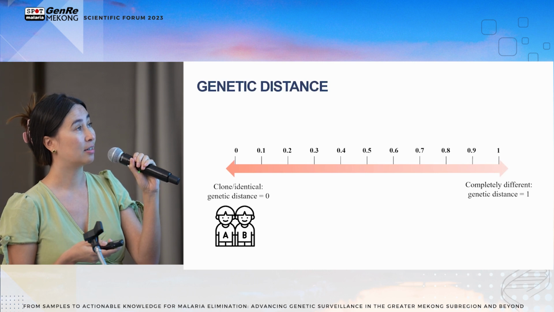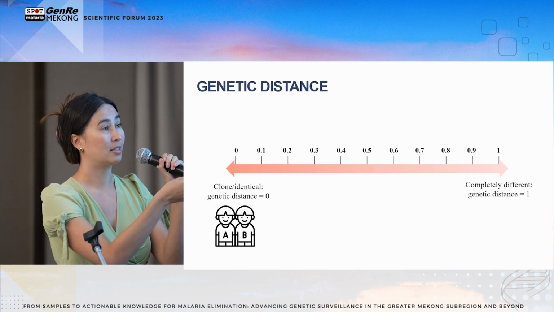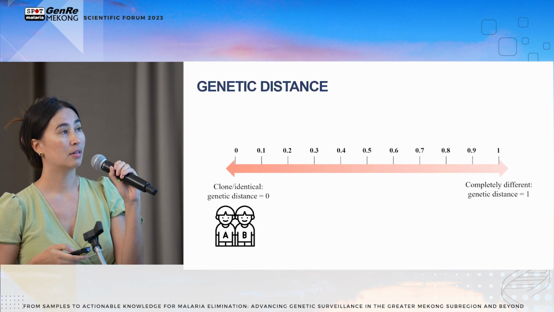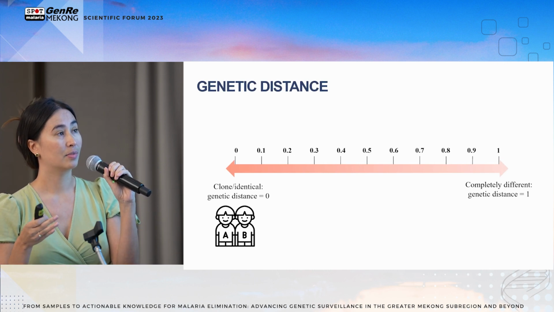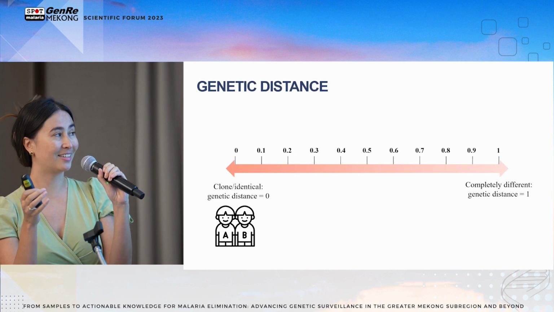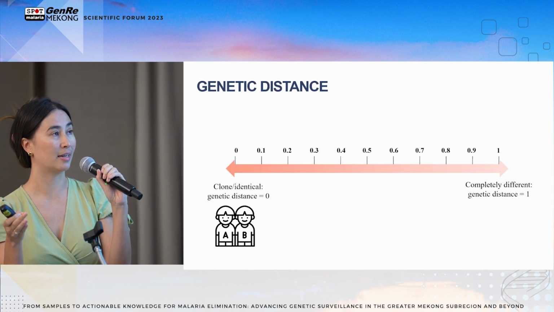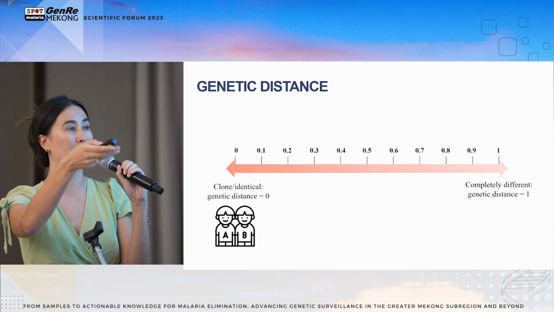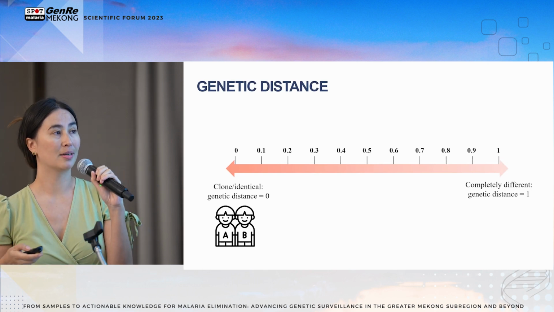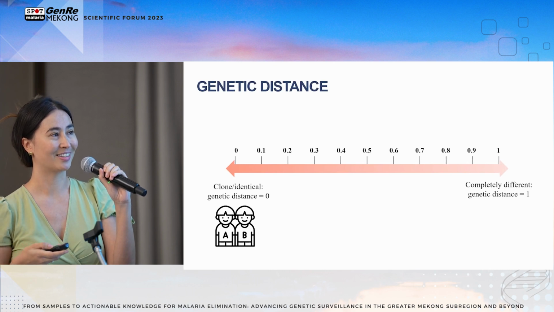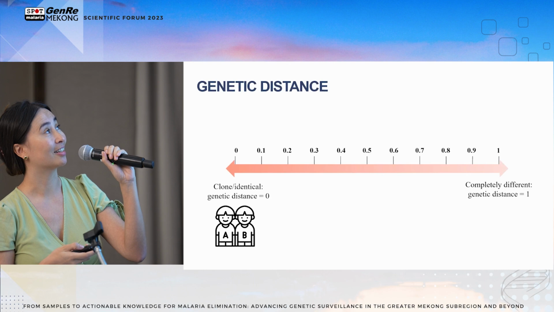And as the genetic distance goes up, two entities are becoming more genetically different. And then 1 would be the upper scale or the top of the scale, but I couldn't find an example when that is the case. I think it doesn't exist.